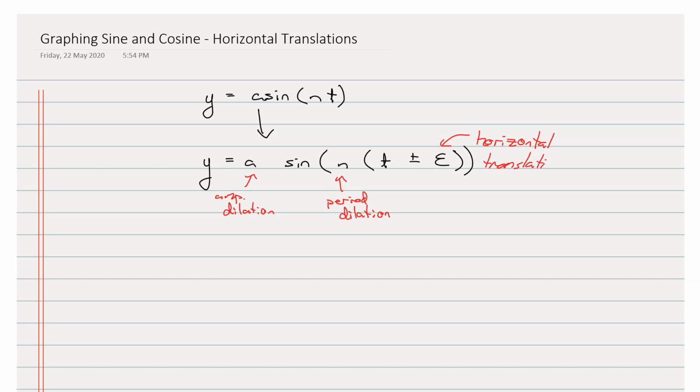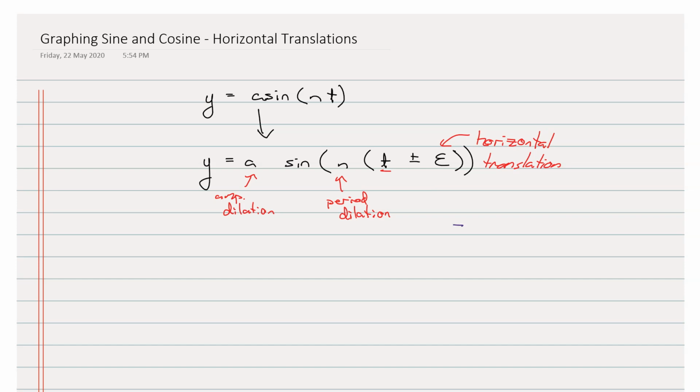Translation, as in we slide our function left and right on the horizontal axis, in this case the t-axis. Now we can have positive and negative epsilon, and the sign of epsilon represents whether we shift our graph left or right.